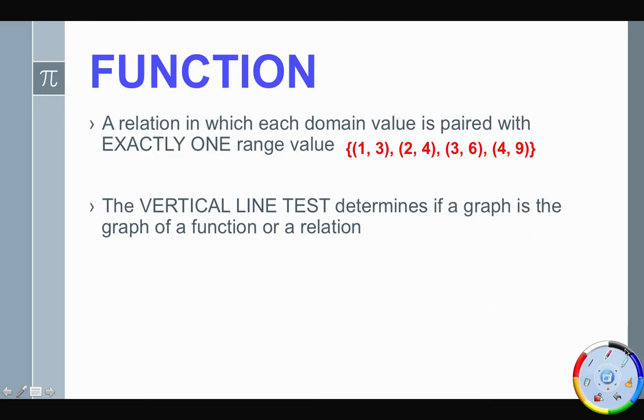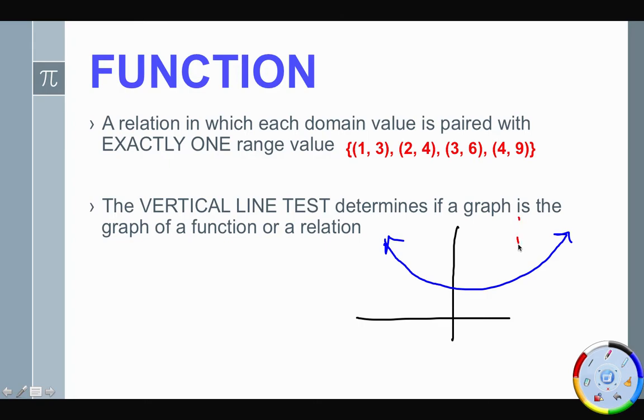So this is a function. Let's see what else would be a function. Let's go with something like this. Some of us might remember that this is a parabola, graphed from a quadratic equation. But what we want to do now is ask, is it a function?